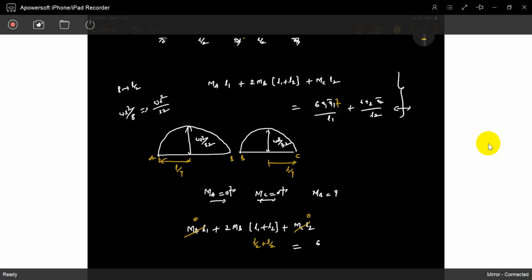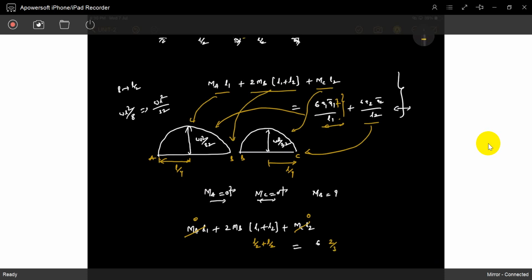Here 6 A1 x1 by L1 is regarding the first span, and 6 A2 x2 by L2 is regarding the second span. This is regarding the center point, so you have to remember that.